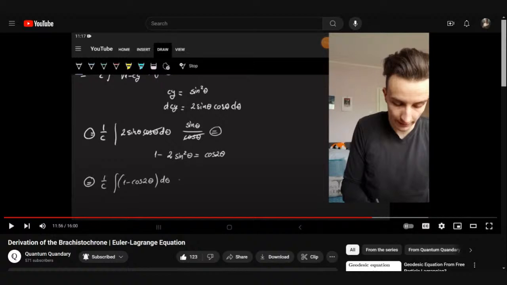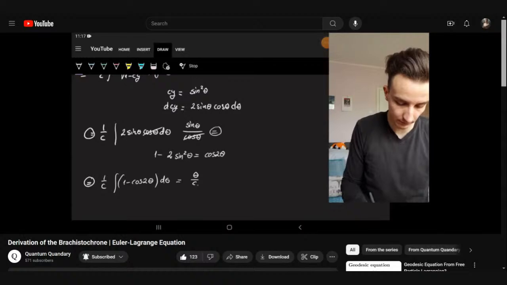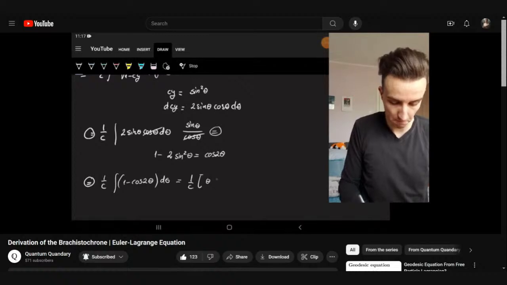So we had 2 sine squared theta d theta. Oh, okay, so this is 1 minus cosine 2 theta. And that's equal to theta over c. Oh, okay, 1 over c, theta minus 1 over 2 sine 2 theta.